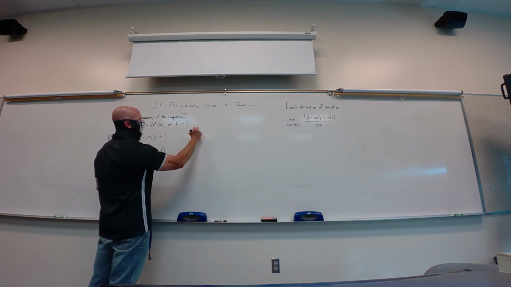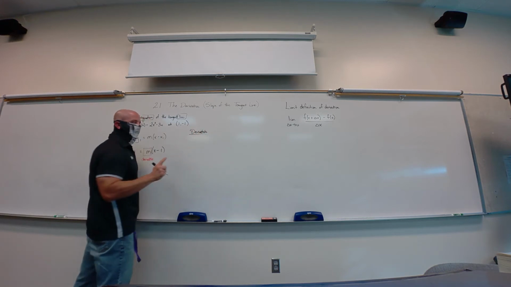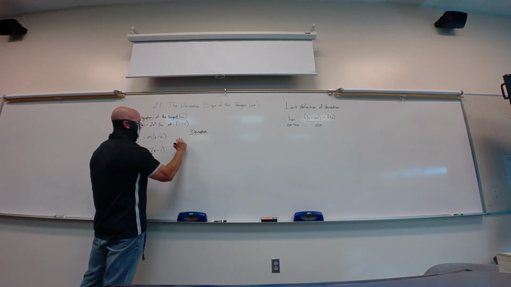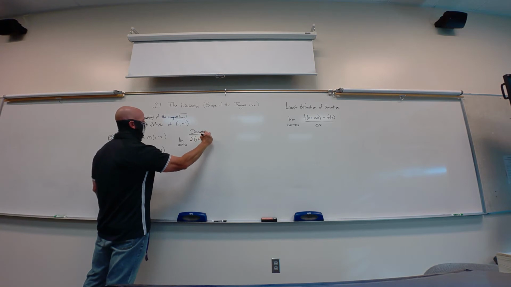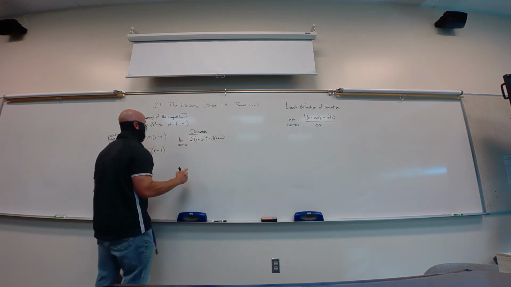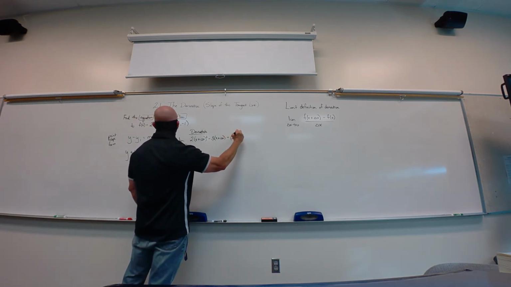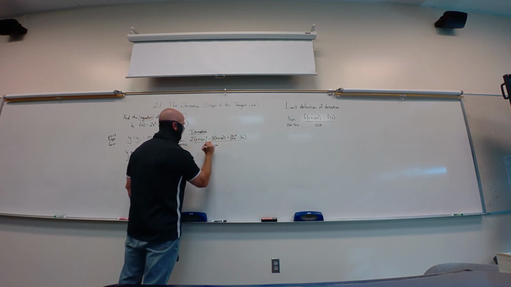So my derivative, which is the slope of the tangent line, is the limit as delta x approaches 0 of 2 times x plus delta x squared minus 3 times x plus delta x, minus 2x squared minus 3x, all over delta x.